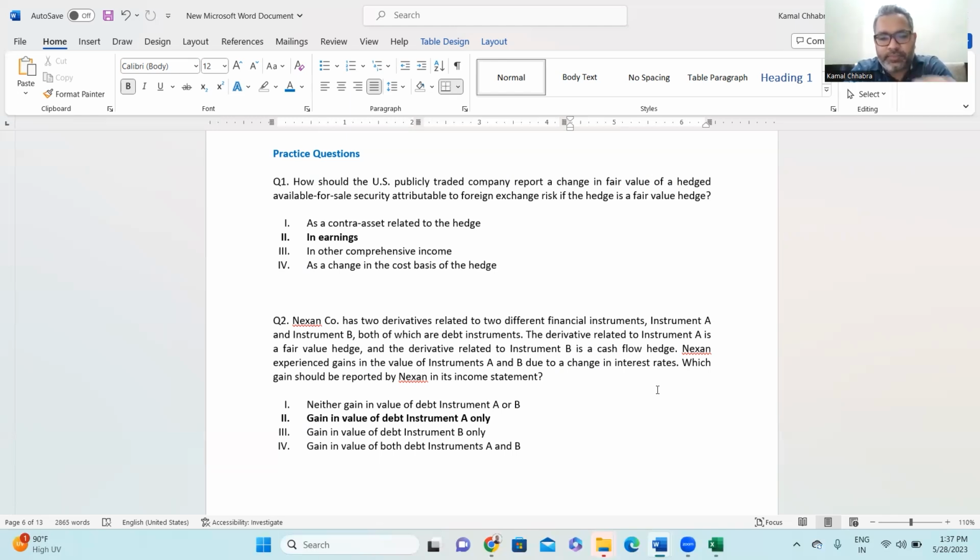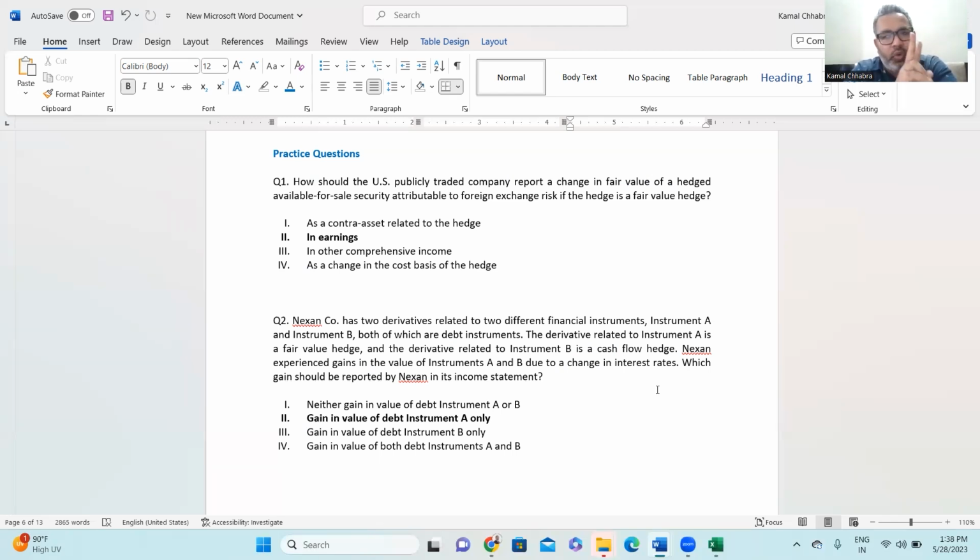So A is fair value hedge, that means the underlying asset you are hedging. B is cash flow hedge, that means future cash inflow and outflow you are hedging. Nexon experienced gain in the value of instrument A and B due to change in interest rate. Which gain should be reported by Nexon in its income statement?